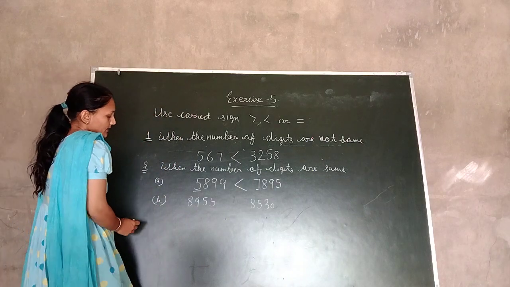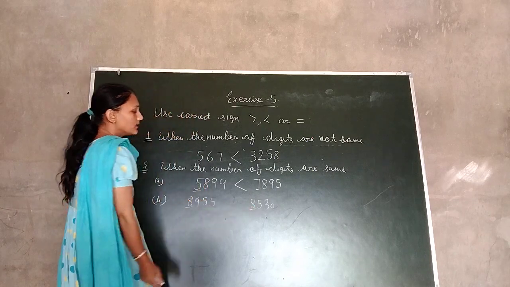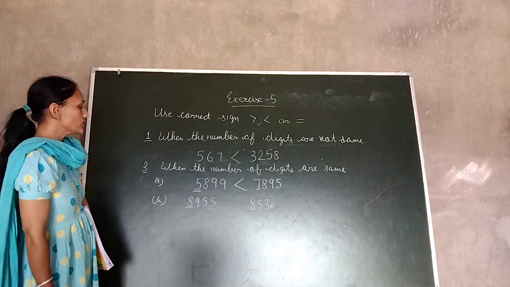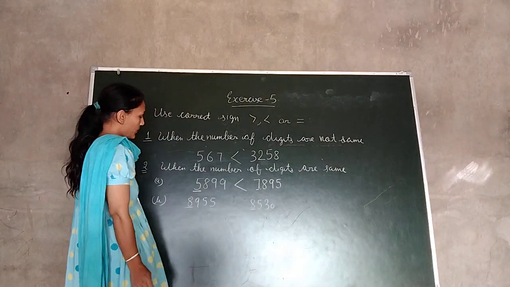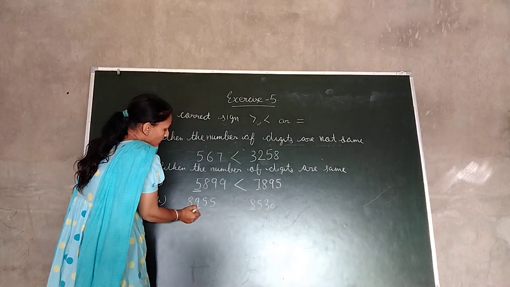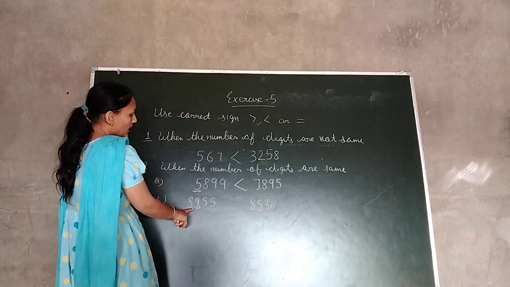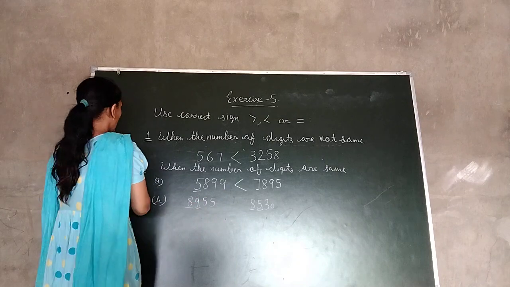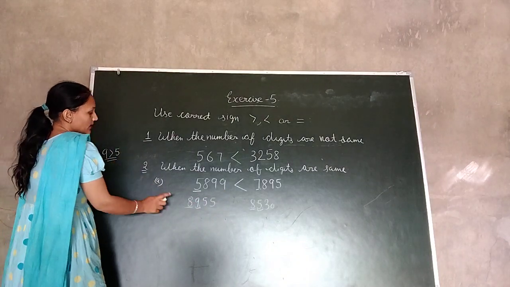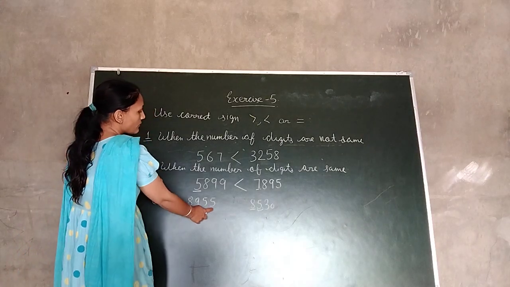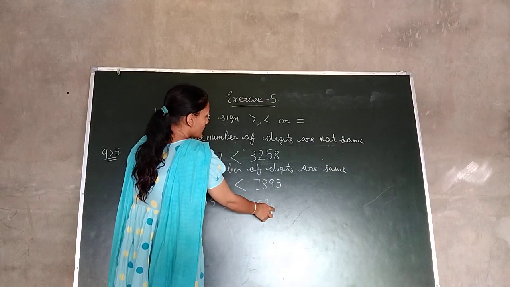So the second case is when the digits at the thousand place are same, then we have to compare the digits in hundred place. Here we have 900 and here we have 500. So 9 is greater than 5. So what it means, 8,955 is greater than 8,530.